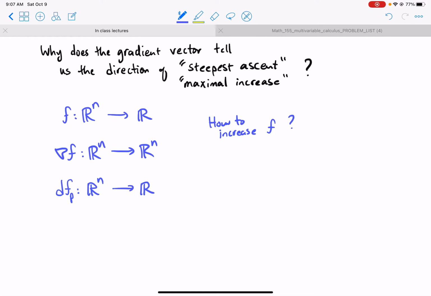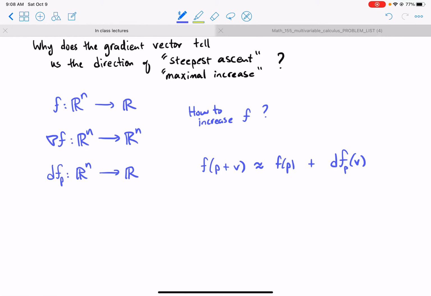Okay, so why does the gradient tell us this? Well, remember that our formula for linear approximation is that to change the value f of p and to increase it, we need to add something called the derivative, right? In this case, the derivative of this function is just going to have partial x1, which is just one number at that point, and partial x2, one number in this Jacobian matrix.